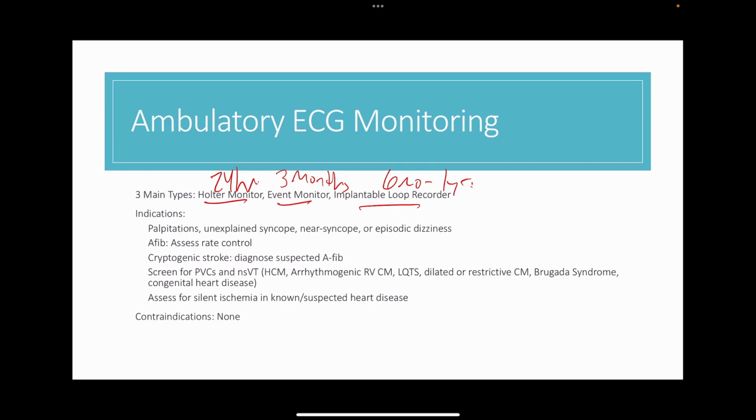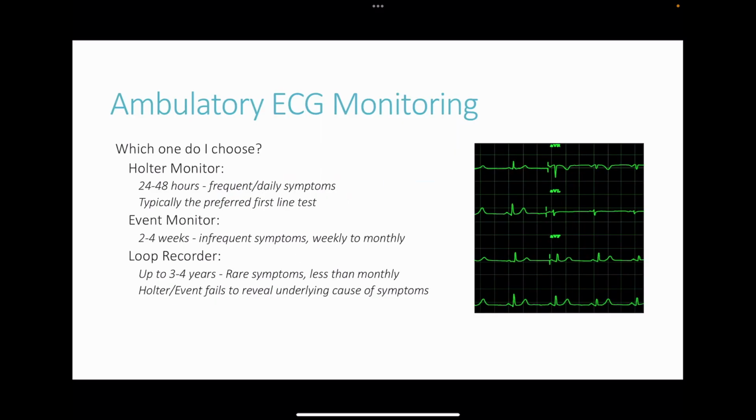Screen for PVCs, non-sustained VTach, some abnormal heart rhythms you want to make sure they're not having. Assess for silent ischemia. And as far as contraindications, there's no contraindications unless they have an allergy to the adhesive that's on the ECG pads. And even then, they do have paper-based ones that won't cause so much of the irritation.